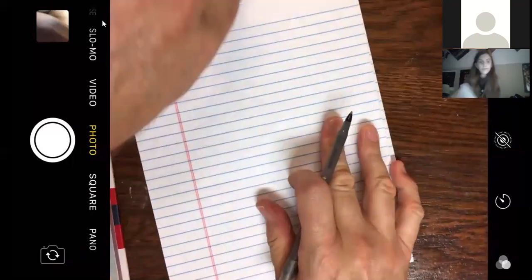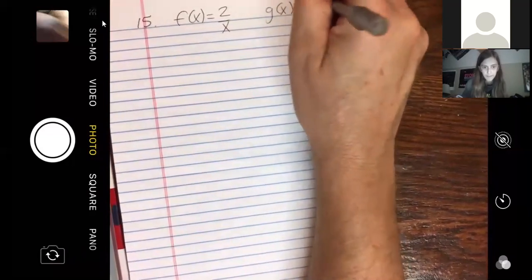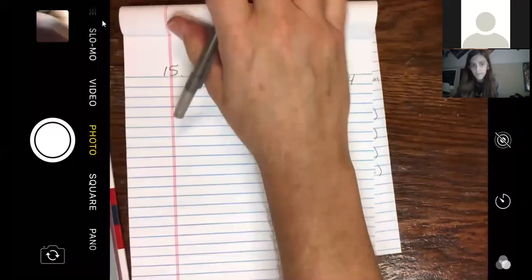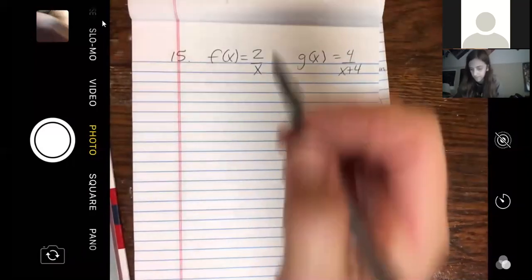Number 15 has 2 fraction problems. It's f of x equals 2 over x and g of x equals 4 over x plus 4. I'm not going to make you simplify things when you write it out.